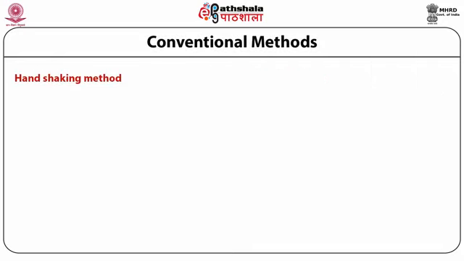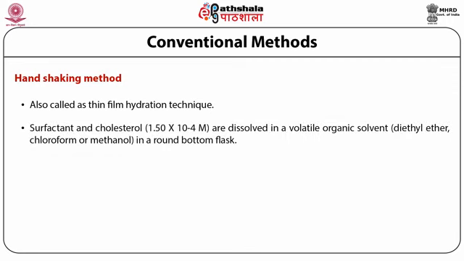Hand shaking method. It is also called the thin film hydration method. Here, surfactant and cholesterol, usually in a concentration of 1.5 × 10^-4 molar, are dissolved in a volatile organic solvent such as diethyl ether, chloroform or methanol using a round bottom flask.